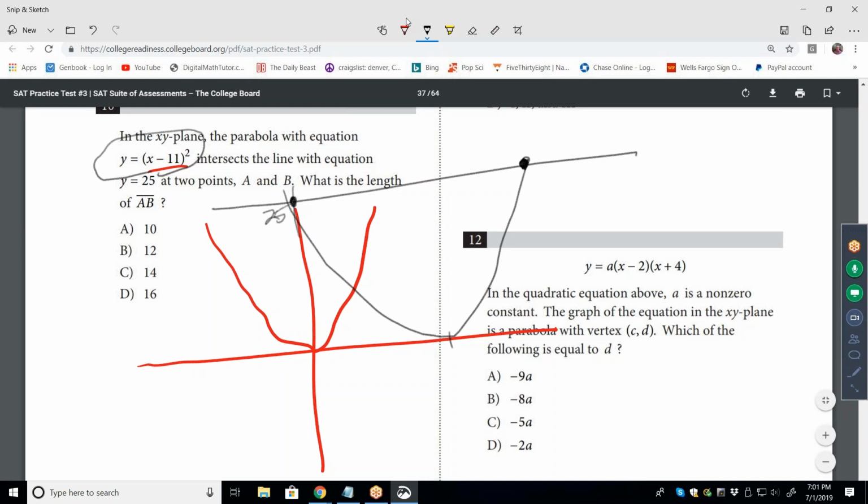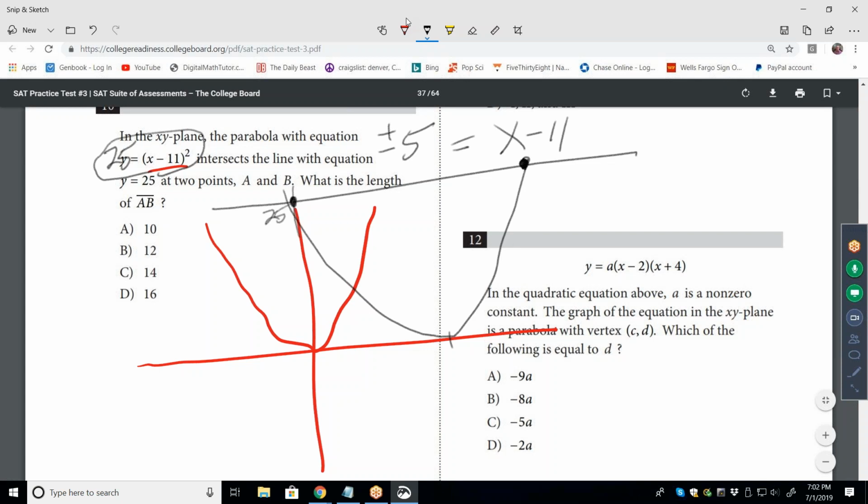So in order to figure that out, we have to figure out, well, where is y equal to 25? So if I substitute 25 in for that, and I take the square root of both sides, I get plus or minus 5, that's the square root of 25, equals x minus 11, that's the square root of our function.